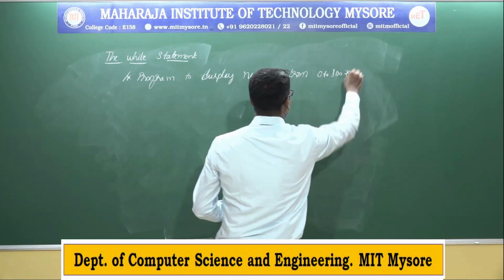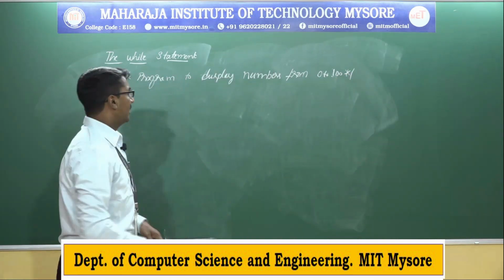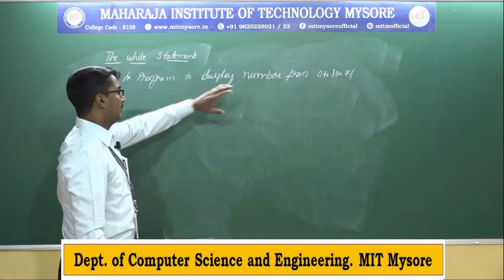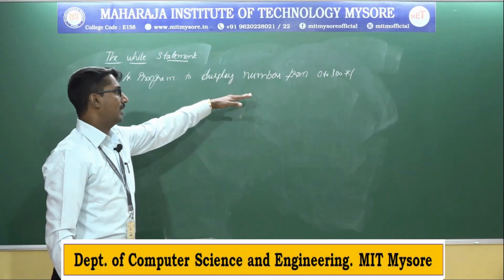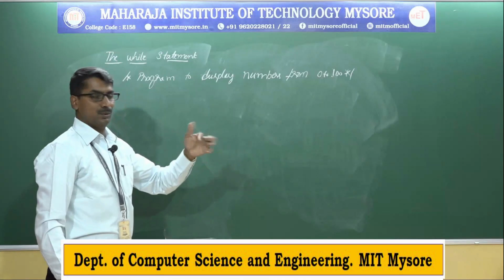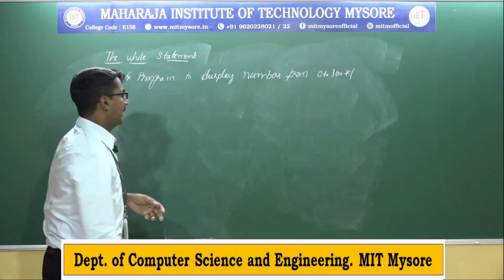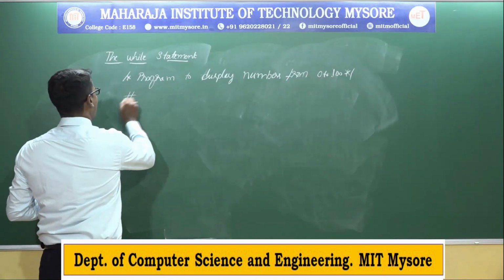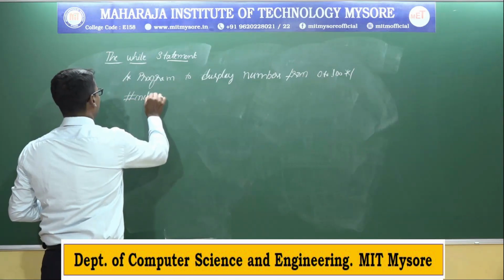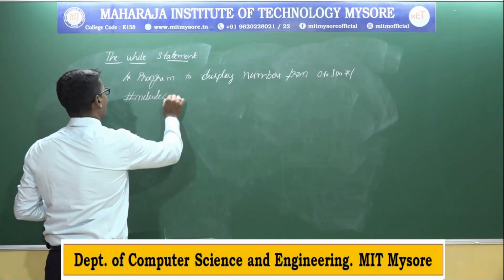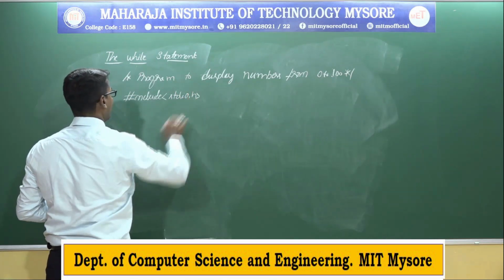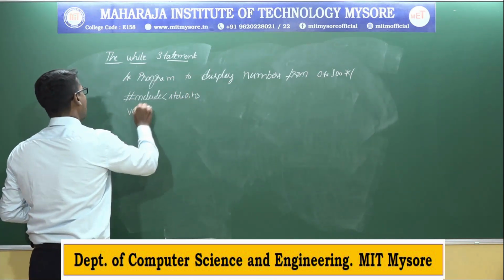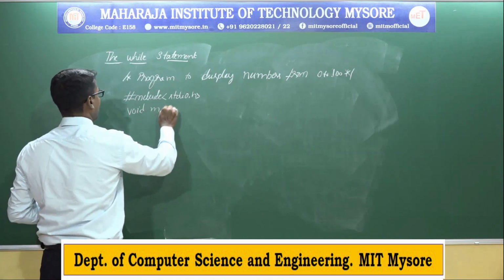So I want to display the numbers from 0 to 100. So 0, 1, 2, 3, 4, 5, 6, 7, 8, 9. The first statement is #include <stdio.h>, void main.